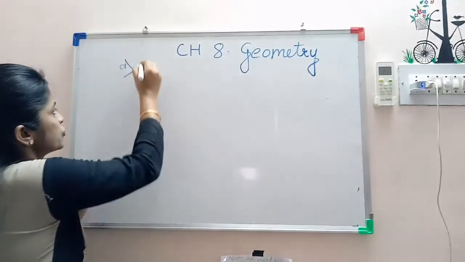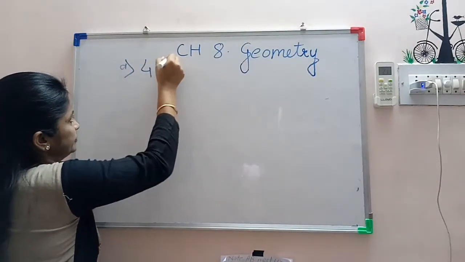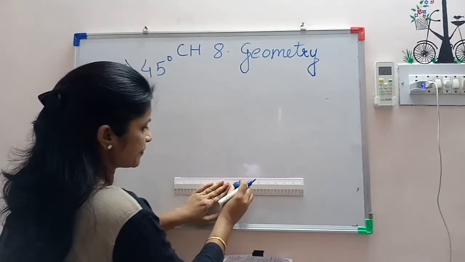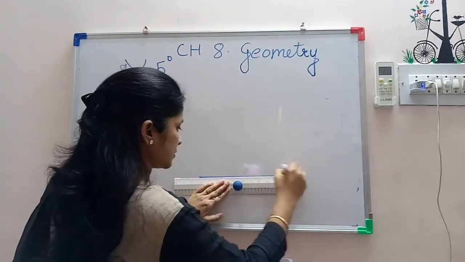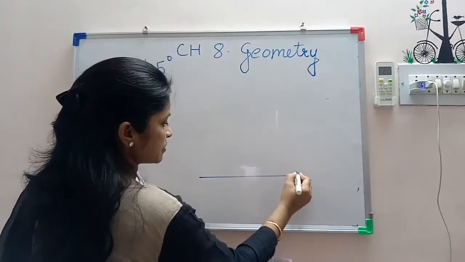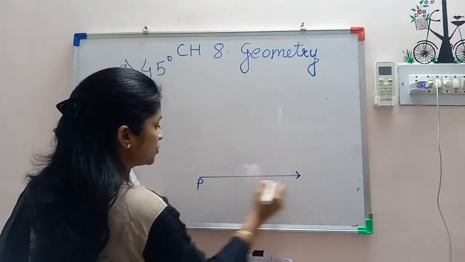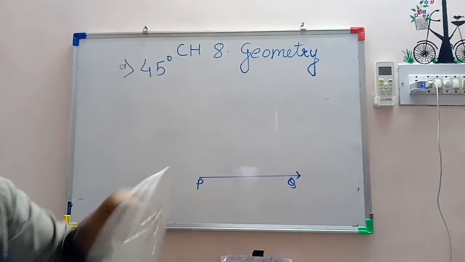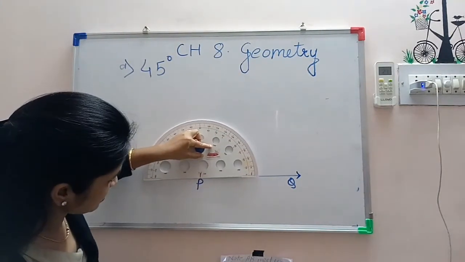We will draw a 45 degree angle. First of all, draw one ray. We'll name it PQ and we'll place the protractor on this base.